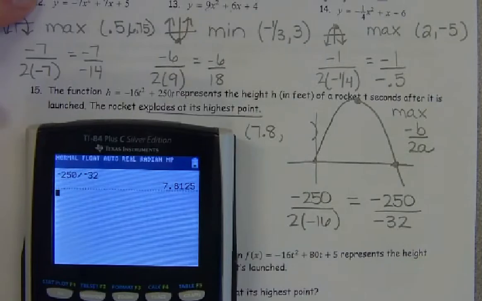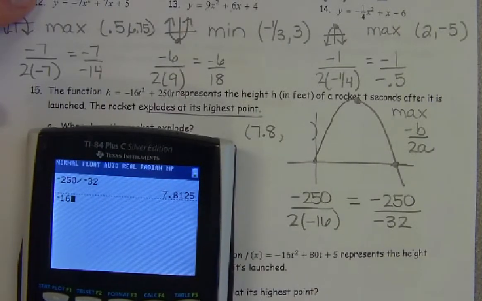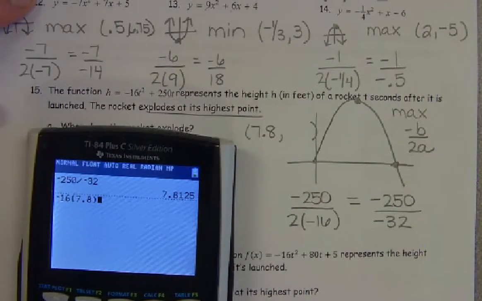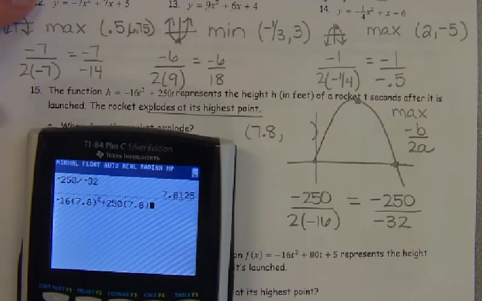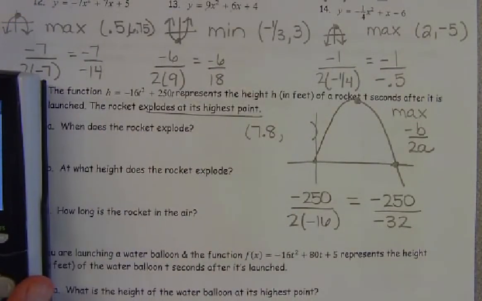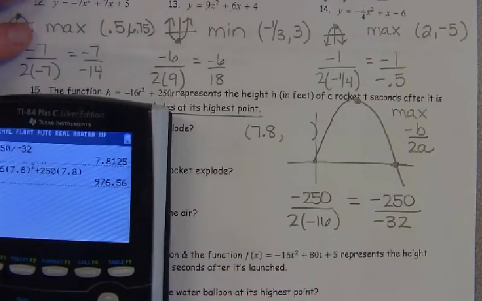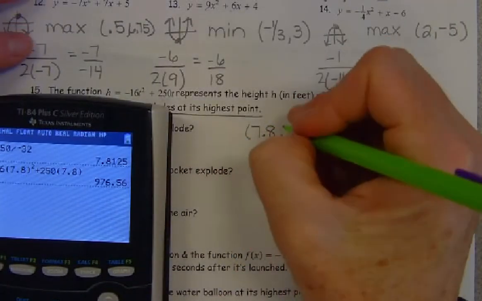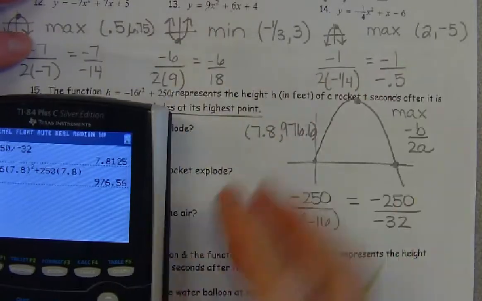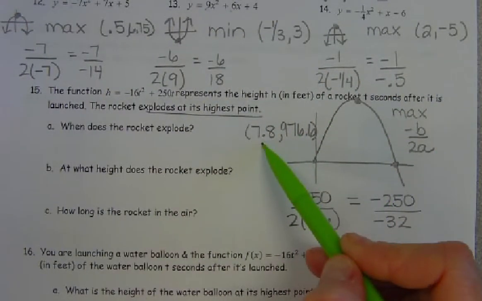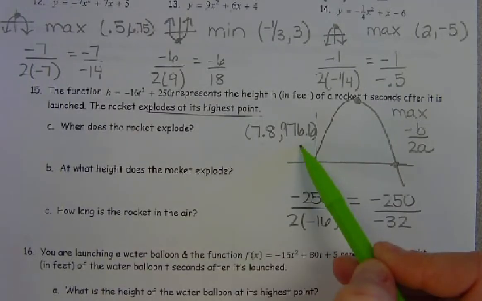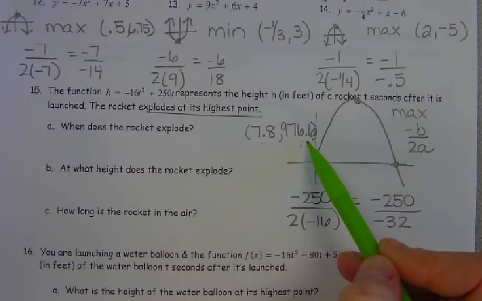I'm then going to plug in the 7.8, so I go negative 16 times 7.8 squared plus 250 times 7.8. And I get 976.6. So it says the rocket explodes at 7.8 seconds and its height is 976.6 feet.